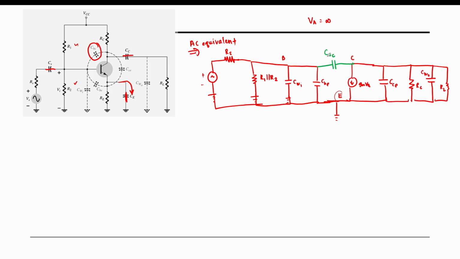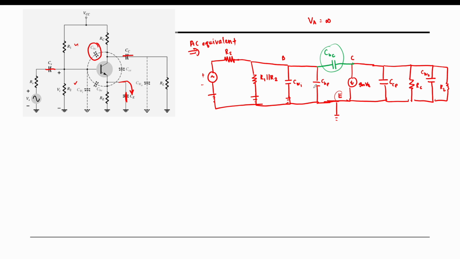Now if we want to solve our AC equivalent circuit, where we need to calculate the input impedance and the output impedance, and also the input capacitance and the output capacitance, it will be very difficult because of the existence of CBC here.